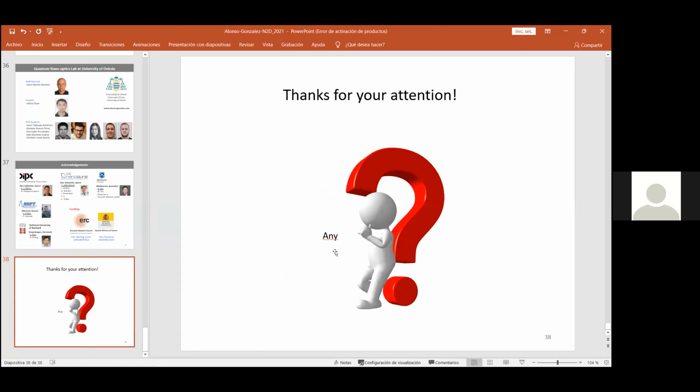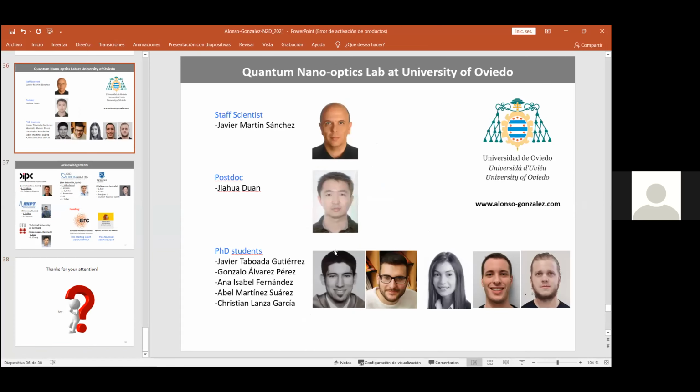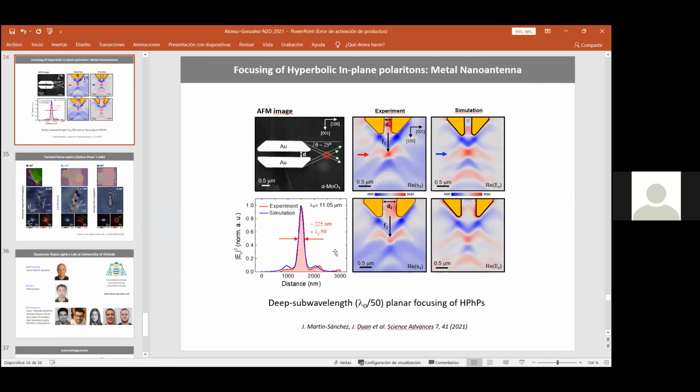Pablo, so in the focusing of polaritons, do you see the field enhancement in the focus, or is it actually lower? Yes, indeed, we see a field enhancement if we check it along this direction. But if we go in this direction where the polaritons are launched, as they decay exponentially, this spot might have more intensity than the focus that is obtained.